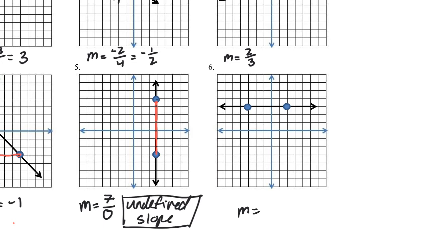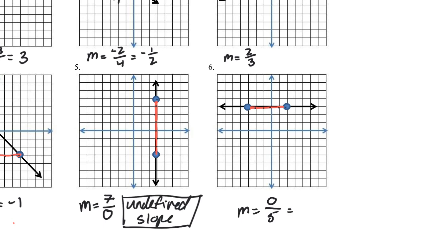Let's look at our horizontal line and see what happens here. This time when I connect my 2 points, I get just a little horizontal segment. Now if I count my rise over my run, well, I have no rise. To get from one point to the other, I didn't go up or down at all. So I'm going to say my rise is 0. My run is 1, 2, 3, 4, 5.